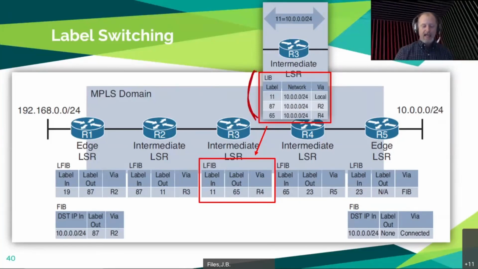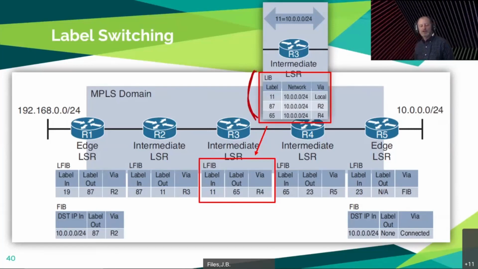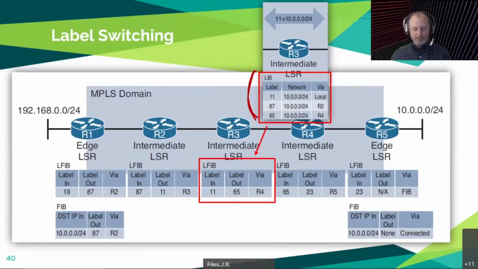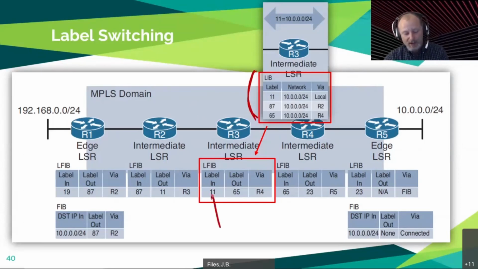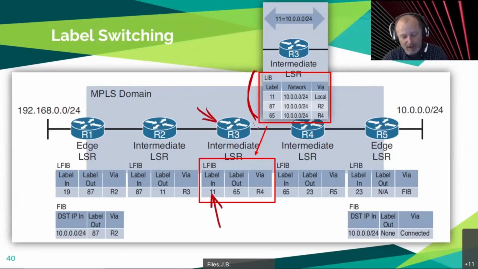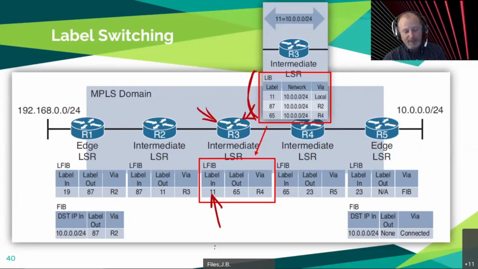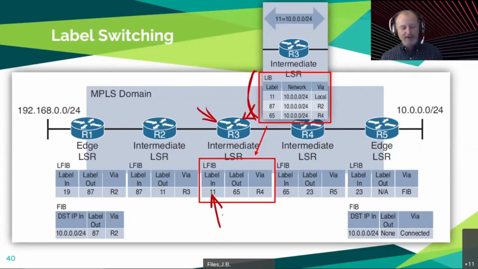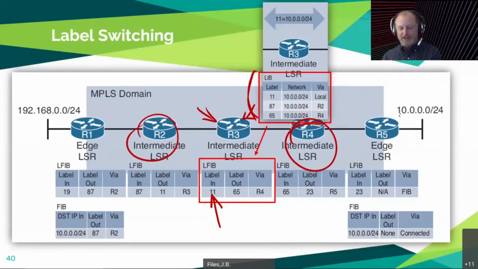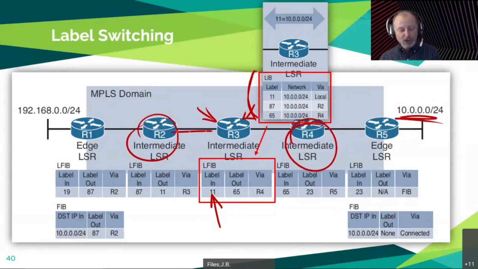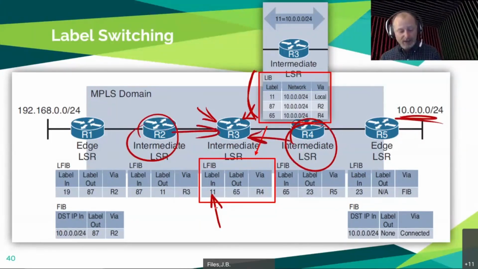But if we're actually going to send something to the 10 dot network, it's going to come in from somewhere, either side. It's going to come in labeled as 11, because R2 and R4 know that if they're going to send something to the 10 dot network to R3, they need to label it as 11.